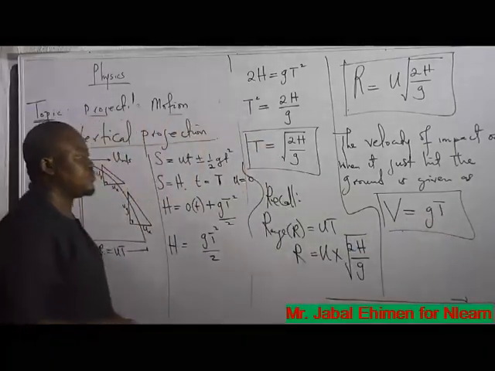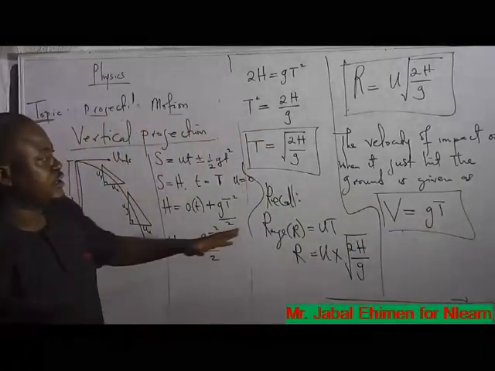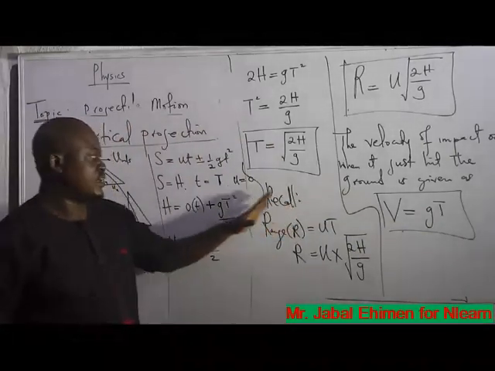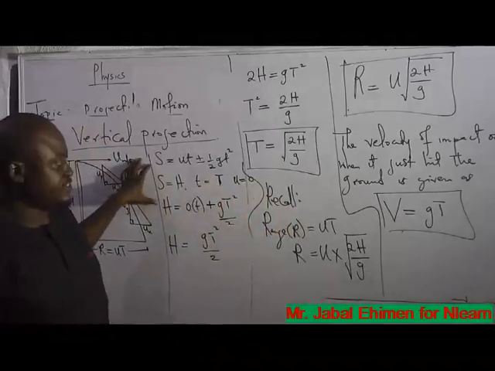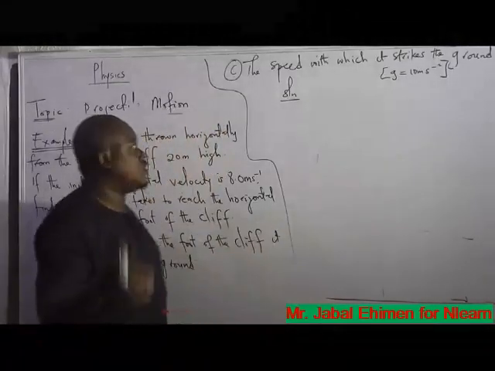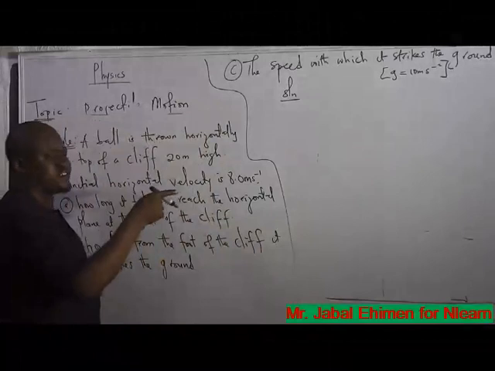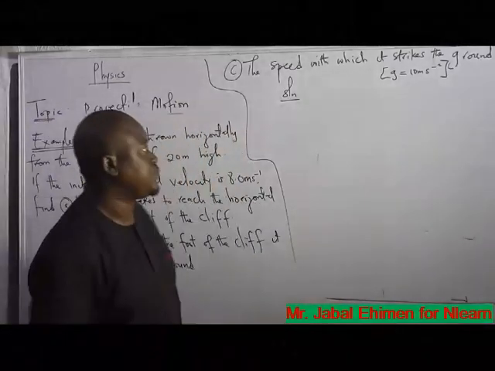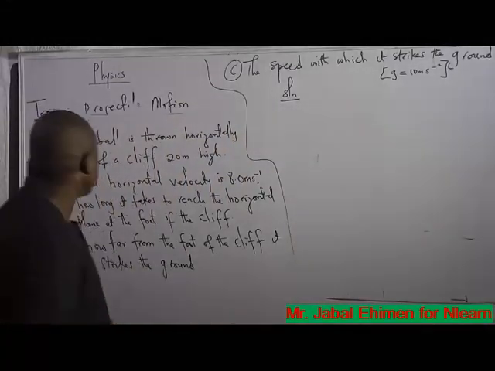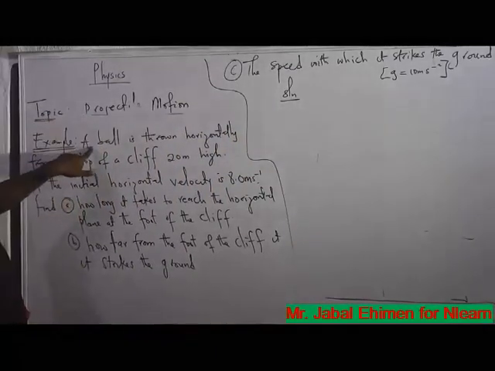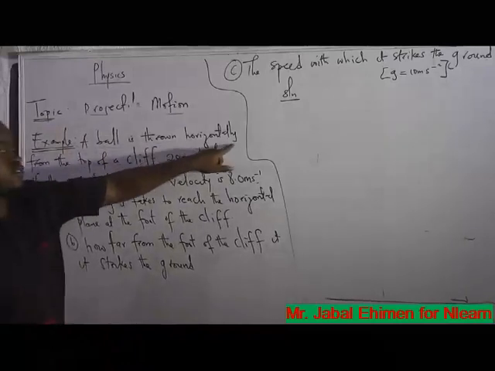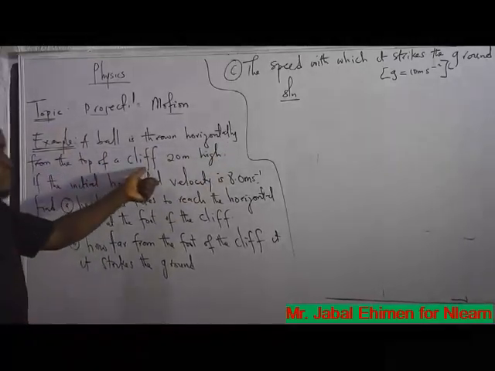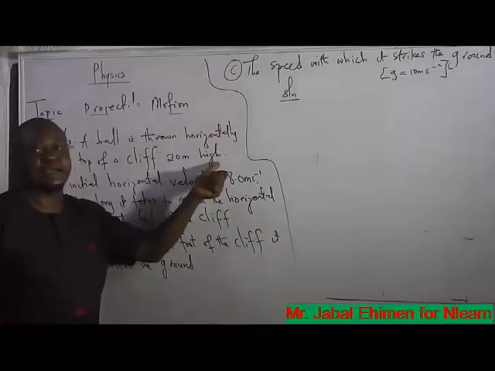Beautiful. So, from there, we are going to take a question on this before we take the trajectory analysis. Okay, the question on a horizontal projectile. A ball is thrown horizontally from the top of a cliff 20 meters high.